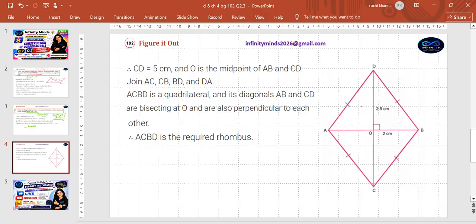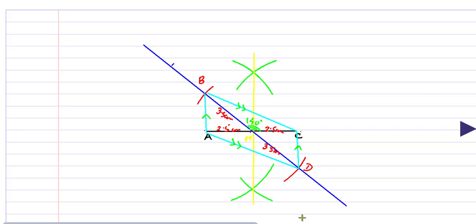Now step number 3 gets reduced. There is no need for you to make that 140 or whichever degree angle. You have a 90 degree angle that is already created with the perpendicular bisector construction. Then put the tip of the compass at the midpoint with radius half of the length of the other diagonal. An arc above, an arc below, and you join it. These same steps you're going to follow there.